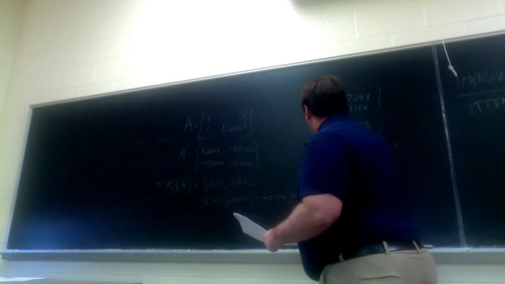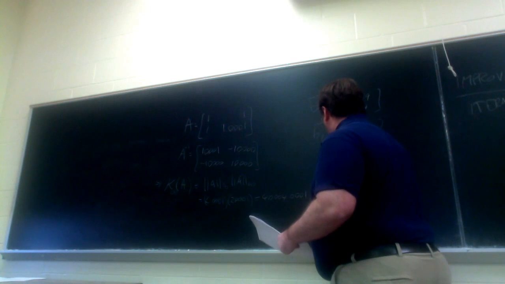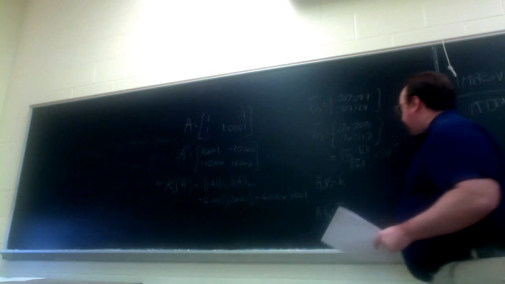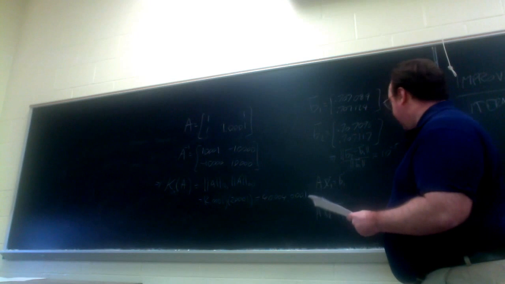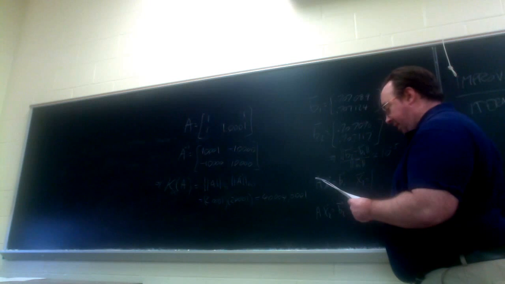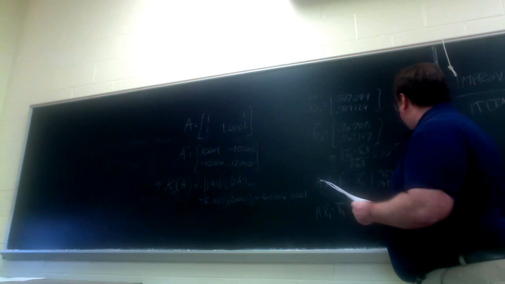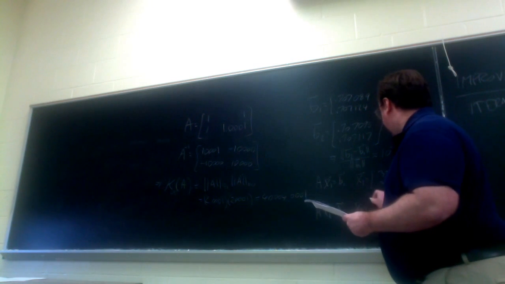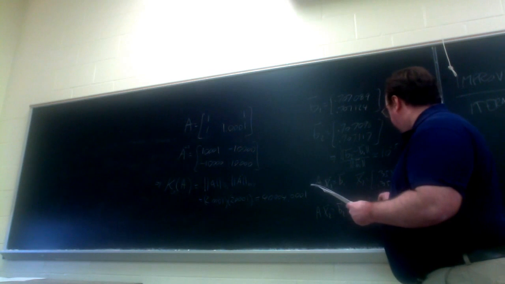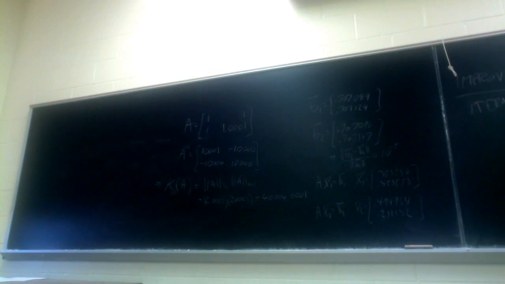So I solve AX1 equals B1, AX2 equals B2, and what I would get is, okay, so we have 0.353536, 0.353553. Okay, and what about x2? I get 0.4964, 0.212132. So not even close.